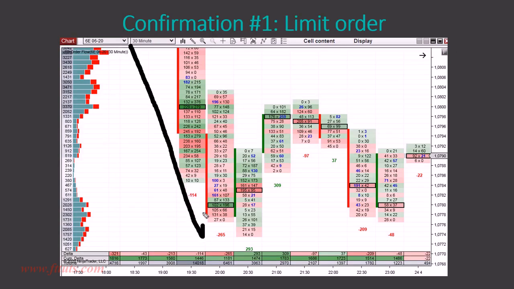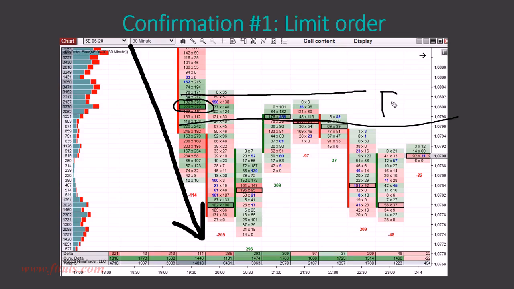There was a strong selling in here, and if you look at this place, there was a heavy volume node. So we can say that this area was a resistance zone.